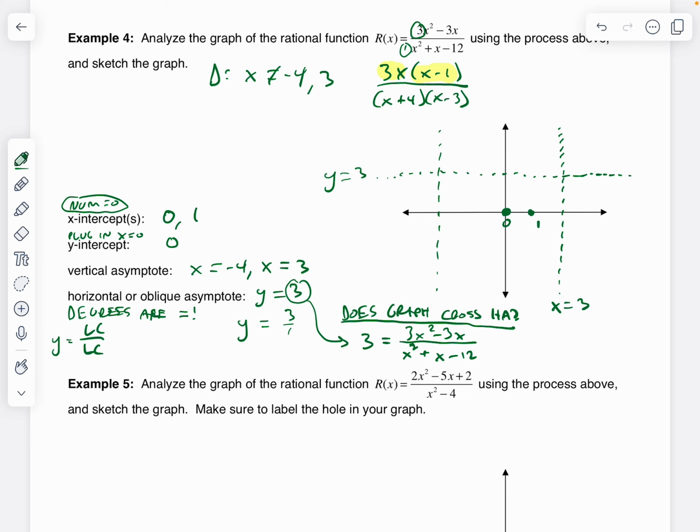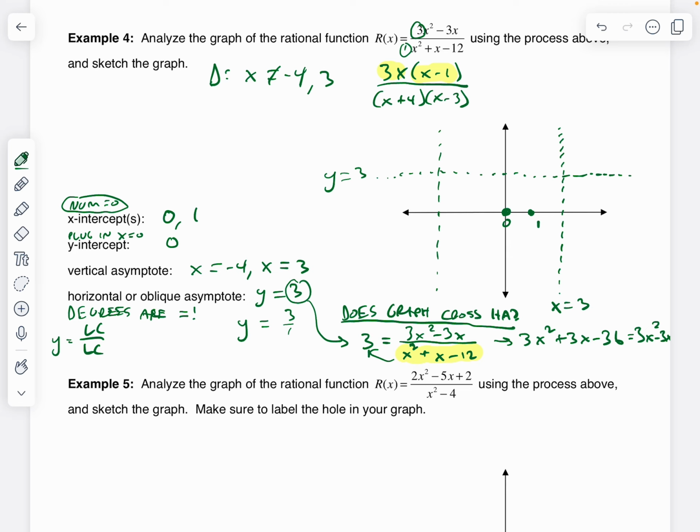If we actually solve this equation and we get an x value or 2, then we've just confirmed that there are a couple of points where it hits y equals 3. And so my first step would be to take the denominator and multiply that to both sides. Okay, so that'll essentially give us, on the left-hand side, 3x squared plus 3x minus 36. And on the right-hand side, since the denominator goes away, we just get the numerator, 3x squared minus 3x.